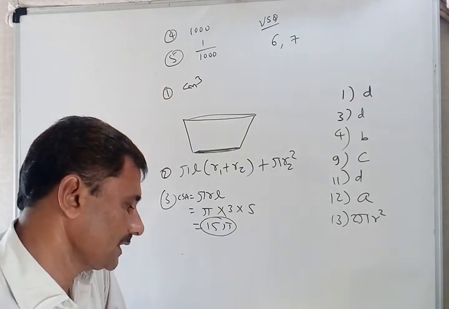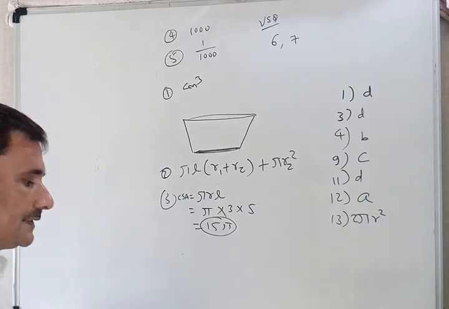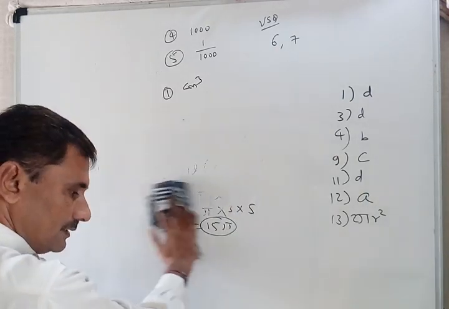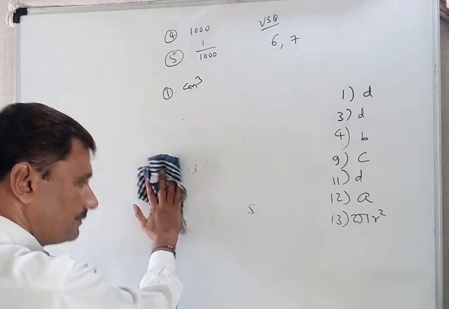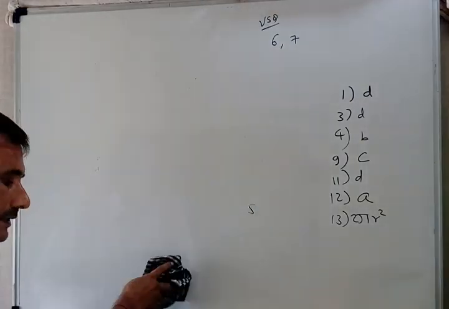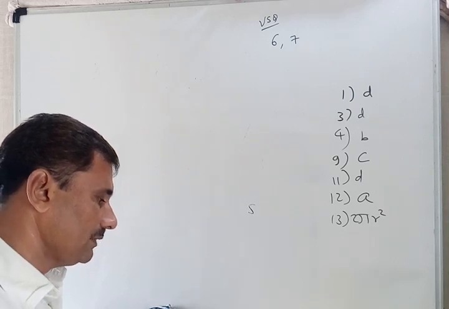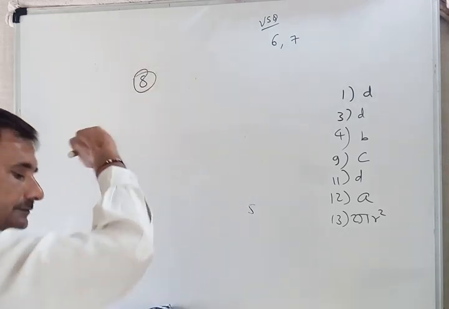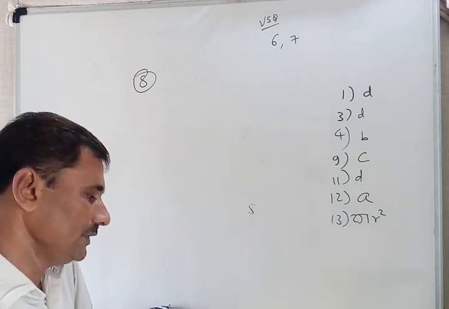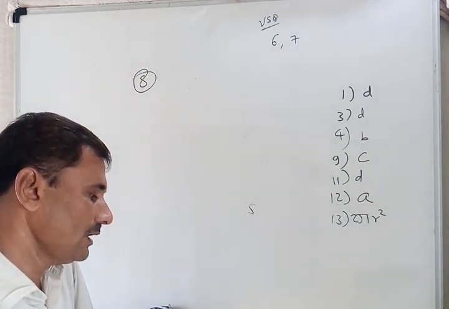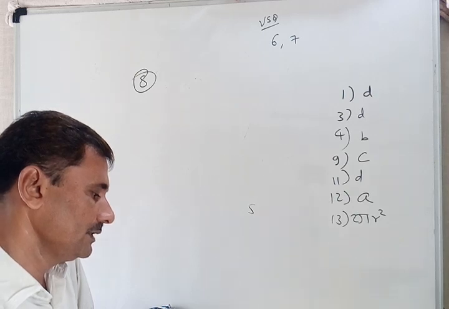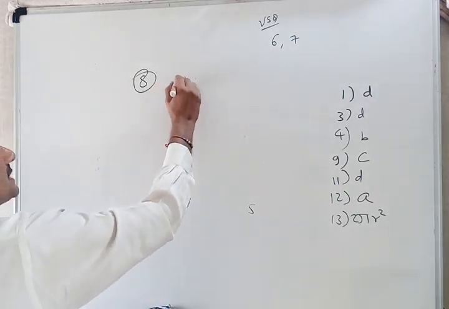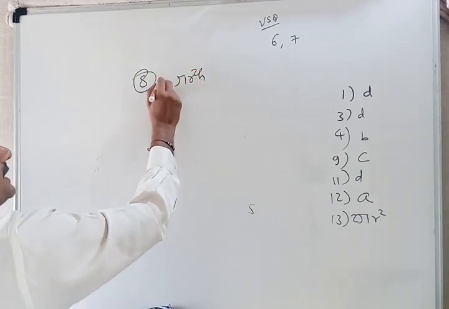Now number 8. If the area of the base of a cylinder is 20 meter square and height is 10, then find its curved surface area. Number 8. We know the volume of a cylinder is pi r square h.